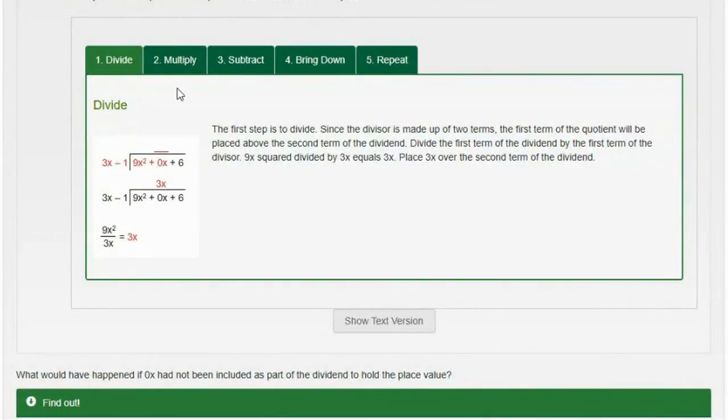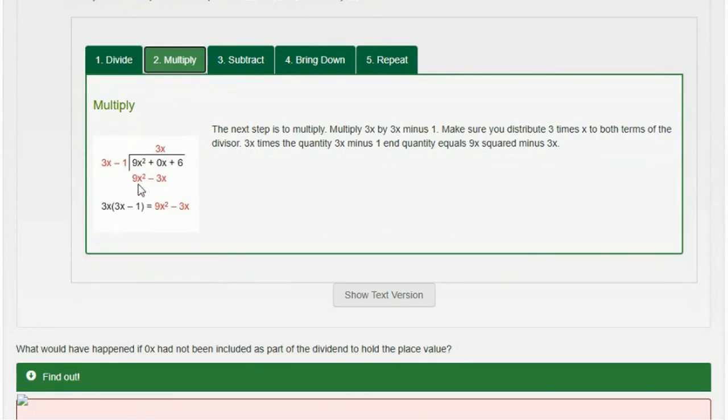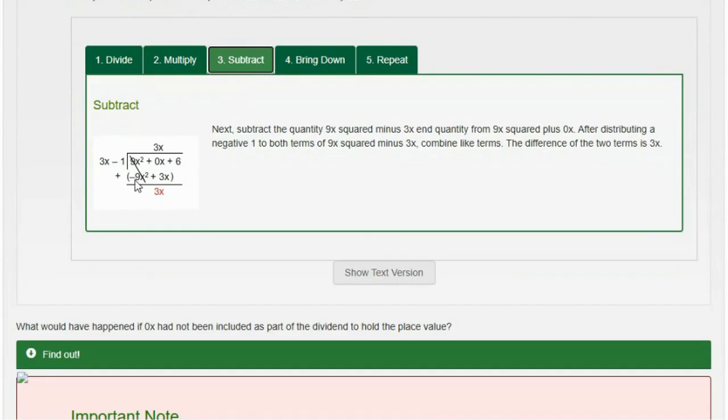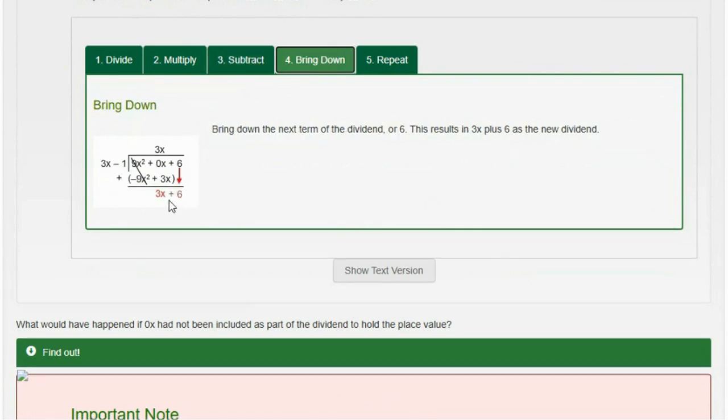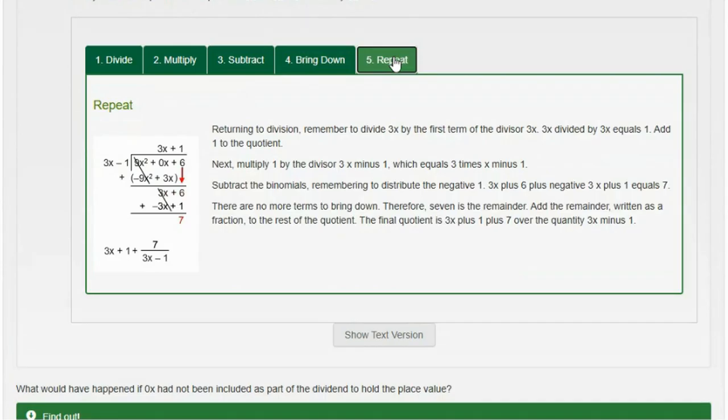Dividing, you get 3x. When you multiply that back, you get 9x squared minus 3x. We subtract. Remember, we're subtracting. Now, they went in and distributed it, but you're adding 3 because you're subtracting a negative. So we get a positive 3x. Bring down the next term, and then repeat, and we get a remainder of 7, which is what we had on there.